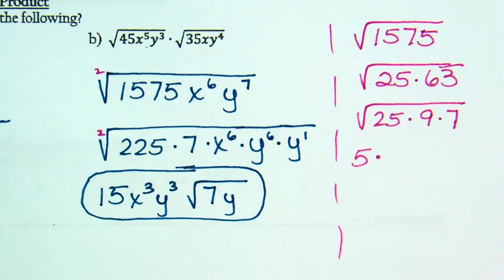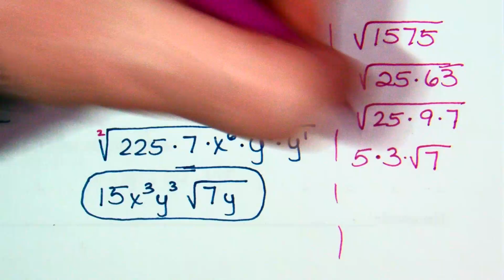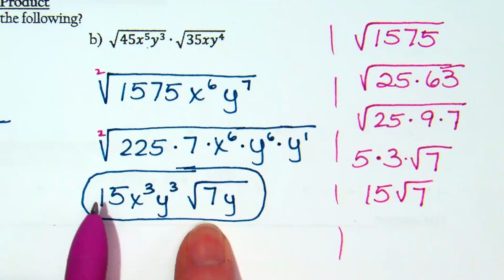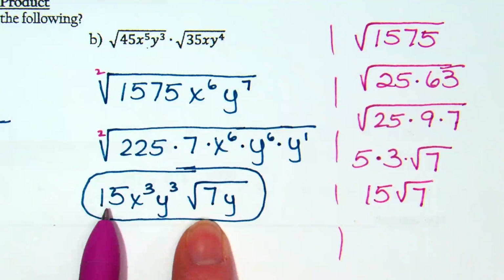The square root of 7 stays square root of 7. Notice 5 times 3 is 15 square root of 7. Did I get the same answer I got over here? Yes. So it's not that you have to go back and find the biggest number. You just have to make sure you get all perfect squares out one way or another.